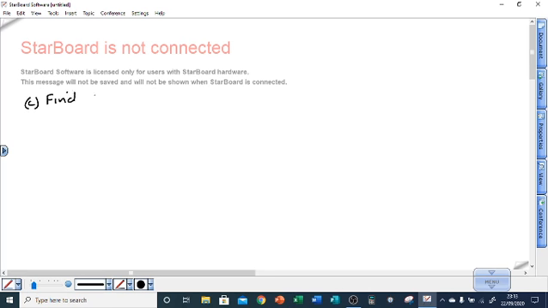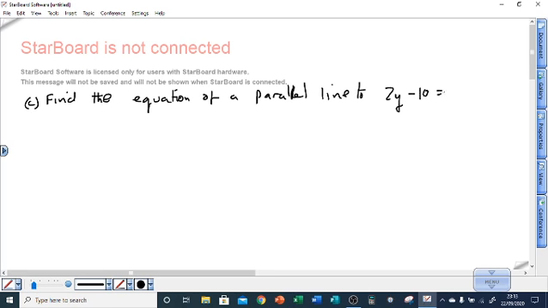Find the equation of a parallel line to 2y minus 10 is equal to 5 and goes through the point... I've missed the x off, sorry, there's an x there, my bad. 2y minus 10 equals 5x.